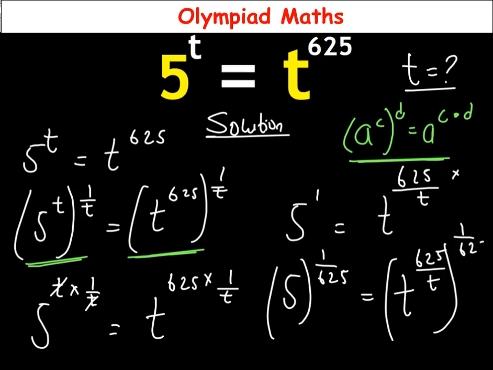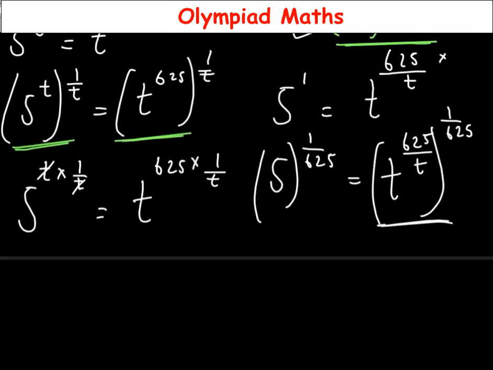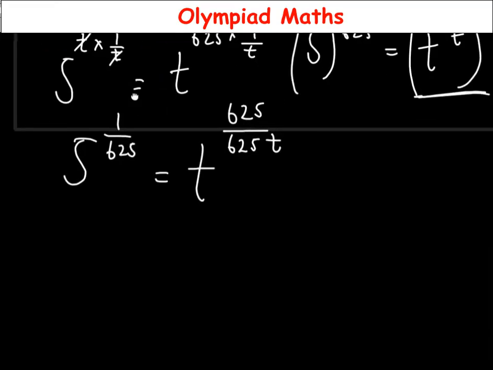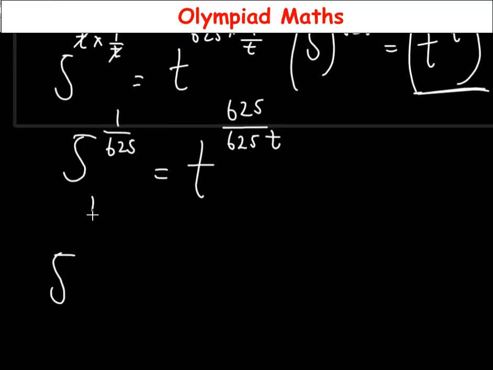Okay, also applying this rule here, we're going to have 5 raised to power 1 over 625 is equal to t raised to power 625 times 1 is 625 over t times 625, such that we have 5 raised to power 1 over 625 is equal to t raised to power, cancelling out 625, 1 over t.